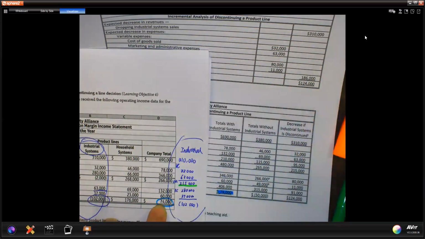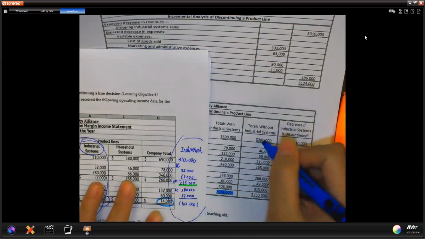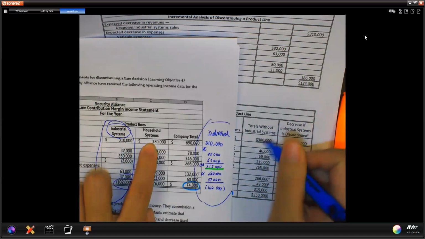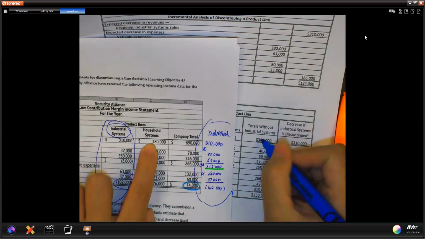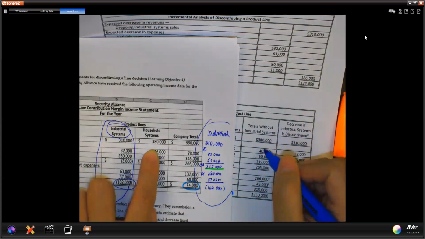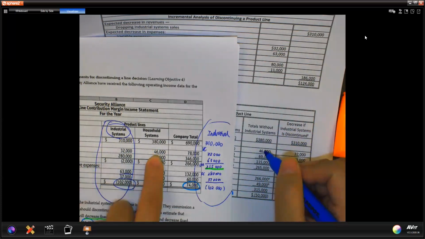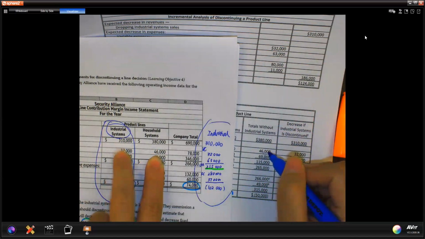Then without your industrial system, your revenue will be just your household system, 380. Your variable cost of goods sold will just be 46,000 because you will discontinue this industry, so that will become zero.